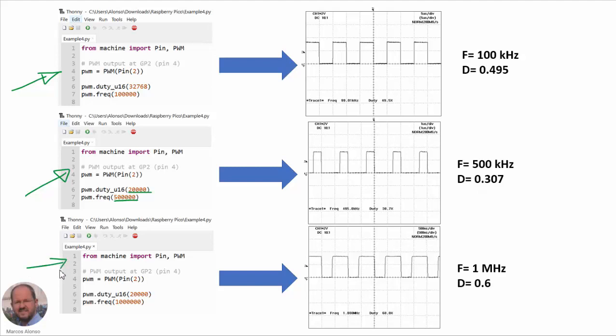And finally, this last example here is for the same value of the duty cycle, 20,000, and for an output frequency of 1 MHz. So we can see that still, even at 1 MHz, the waveforms are pretty good. Here the duty cycle in this case is 0.6. For more information about the PWM module, I recommend you to take a look at the datasheet of the microcontroller.